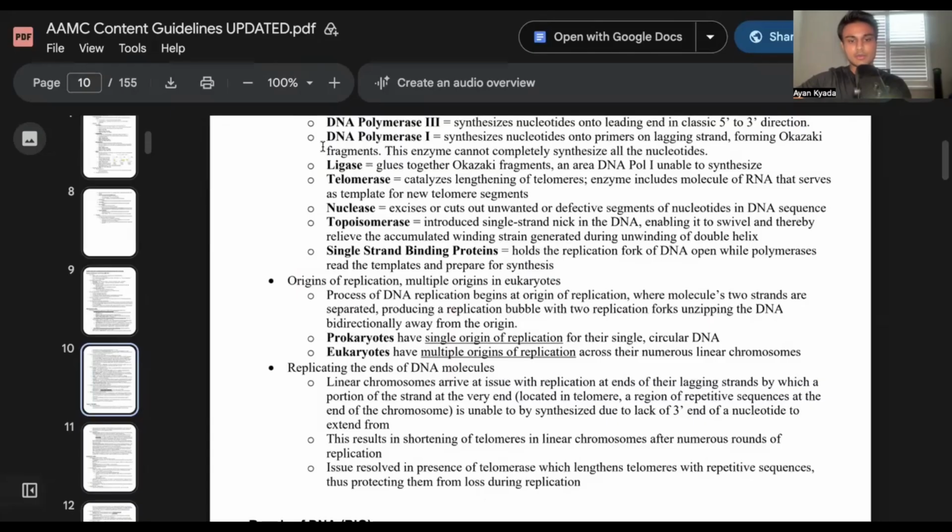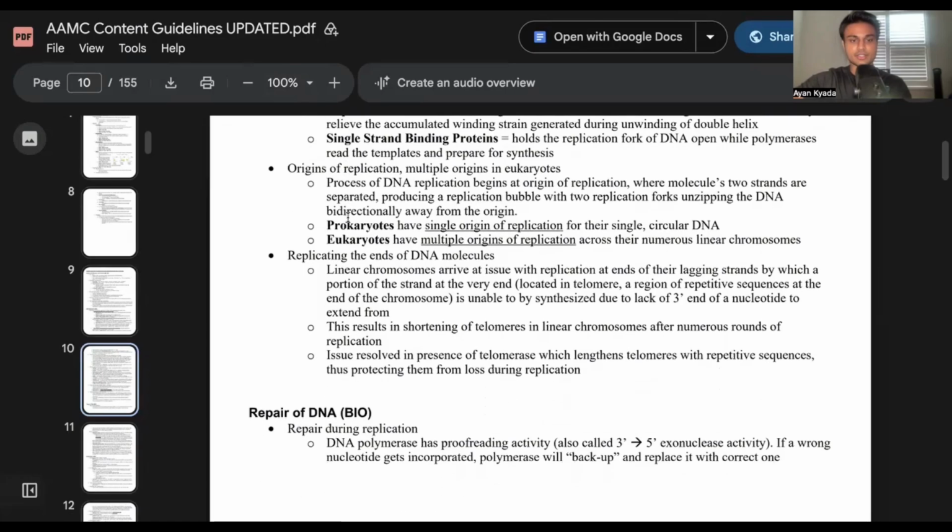And finally, we're going to move into the discussion of how the very ends of DNA molecules are replicated. Remember in our discussion of the lagging strand, we have Okazaki fragments, and each fragment requires an RNA primer to be laid down to initiate DNA synthesis.